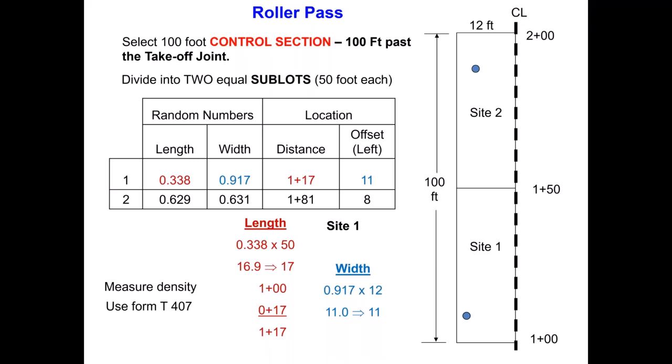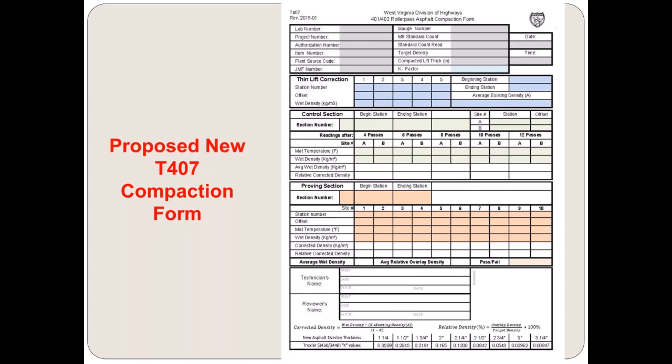We'll measure the density. The roller pass goes on T407 form, which is here. And we're going to be recording this data in this center section here.